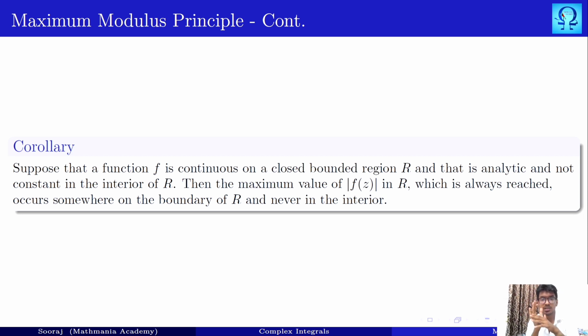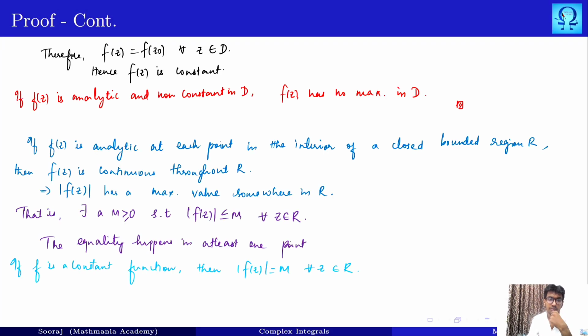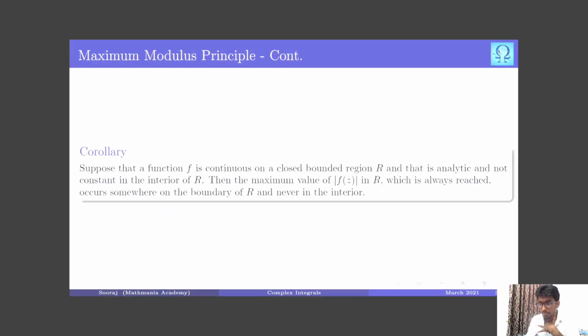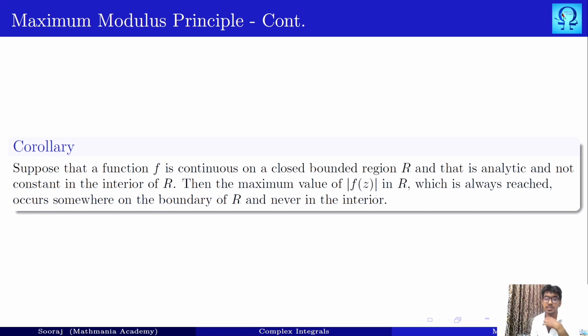If a function is continuous on a closed bounded region R, is analytic and is not constant in the interior of R, then the equality will happen at least in one point, but the absolute value of f of z is not equal to M for points in the interior. So of course the maximum value must occur on the boundary of the region.